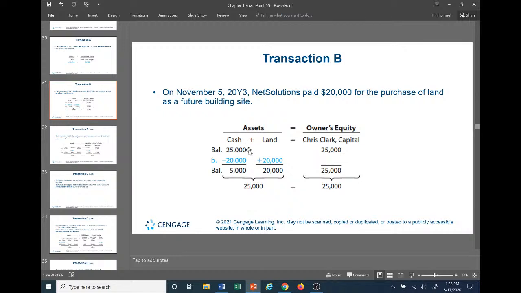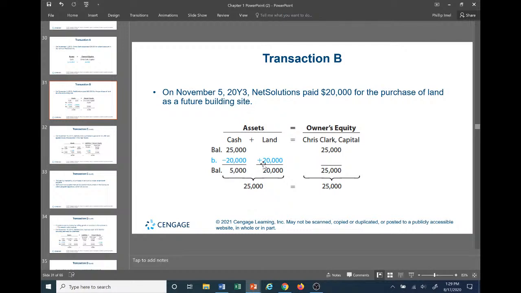So recall we have the $25,000 cash that Chris Clark originally put into the bank account. Then Net Solutions turned around and spent $20,000 for land. So we're going to decrease the balance in cash by $20,000. Therefore, the new balance in cash will be $5,000. But now we've gained another asset.